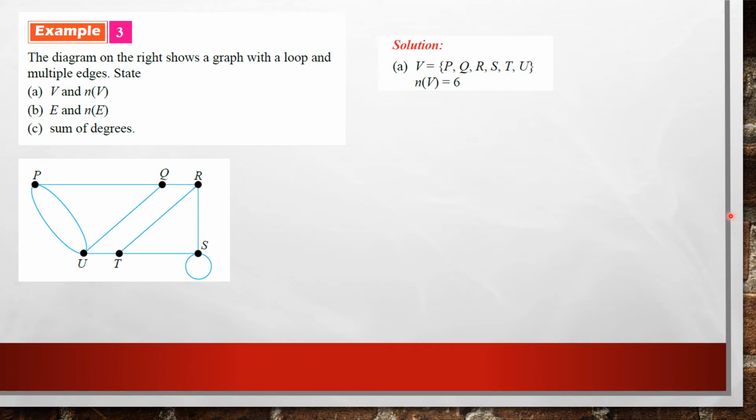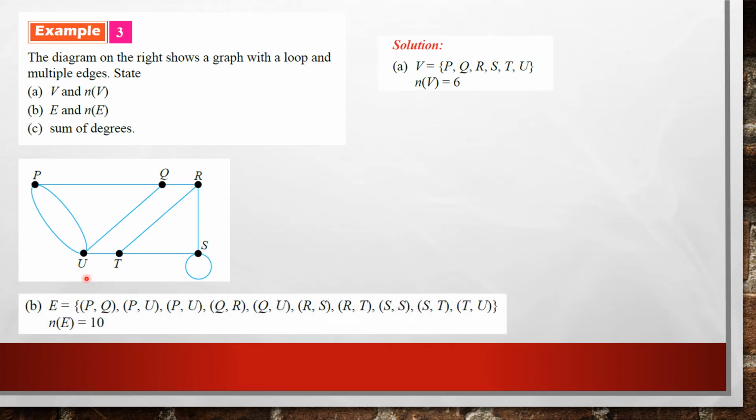Then for the edges, E, you have PQ, the straight line, and PU. PU is a multiple edge, so you have to write PU twice. Then QR, the straight line, then QU, then RS, RT.